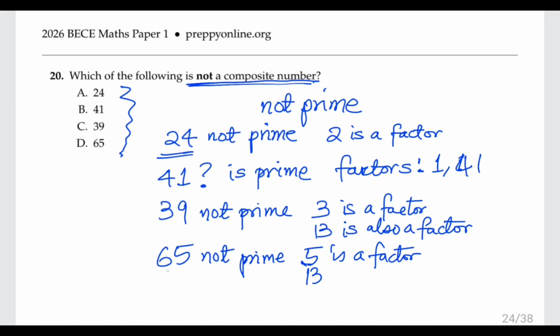And if you divide 65 by 5, you get 13. So once you know that 5 is a factor, you have to look for the number that we multiply by 5 to get 65, and that's 13. So the only prime number in the whole list is 41. Every other number is composite. So our answer is 41.